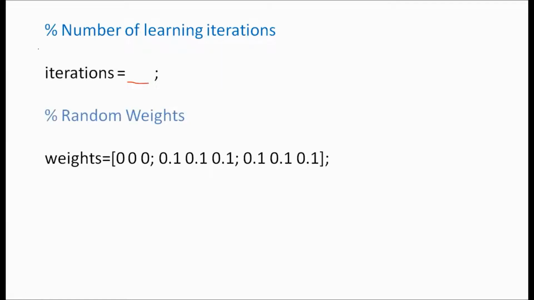Other than the bias, which we initialized with -1, the other weights also have to be initialized with random values. So here random values are given for each weight. There are a total of 9 weights in the diagram, randomly initialized here. You can give any value.